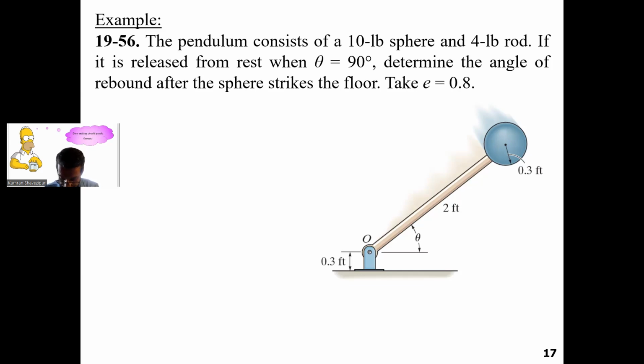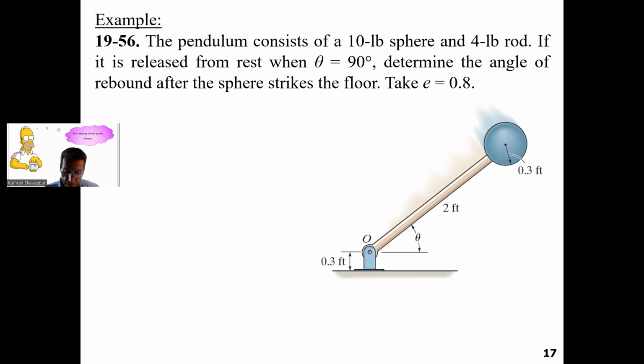It says, find the rebound angle after it hits the ground. So technically, this problem or problems like this have three parts. The first part is going from the top position to the horizontal position when it hits the ground.